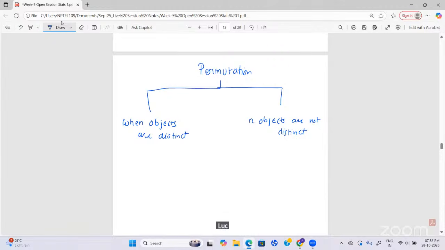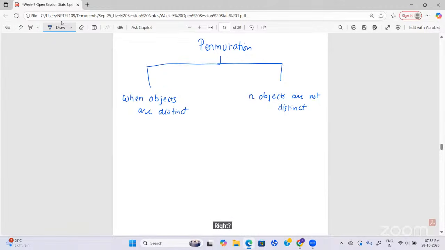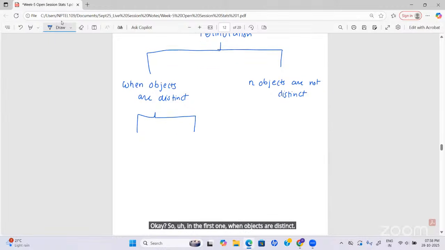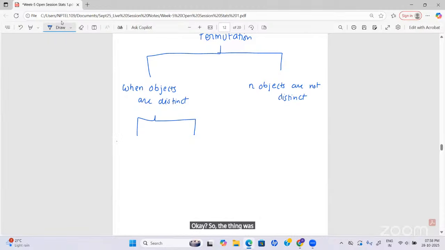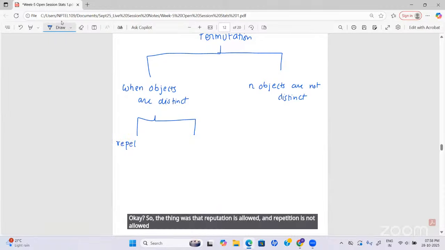So majorly we had these two kinds of scenarios. Under that, again, we had two kinds of scenarios. In the first one, when objects are distinct, the thing was that repetition is allowed and repetition is not allowed.